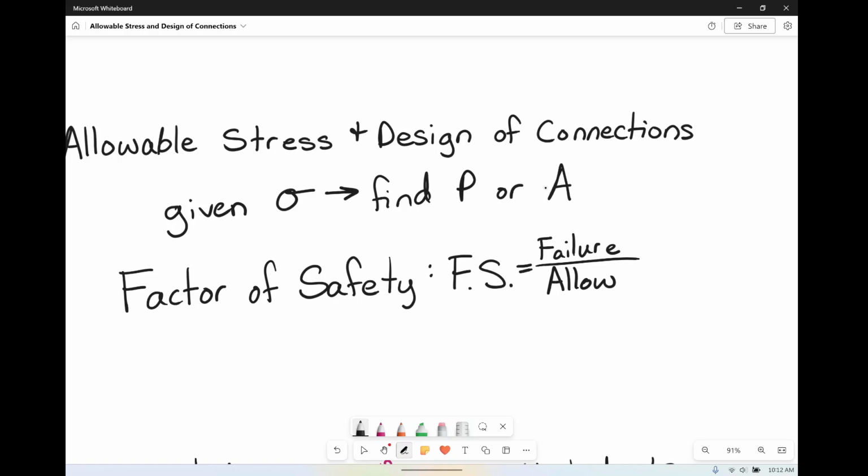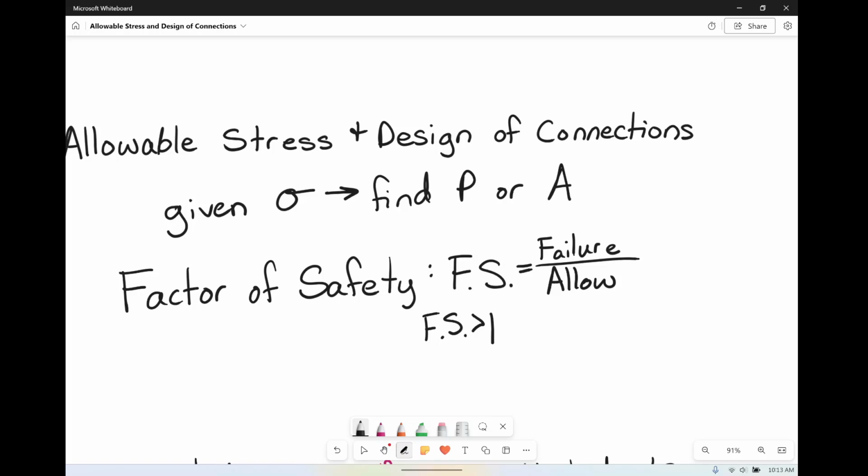Maybe we want to put an allowable value of 35. And that's going to give us a certain factor of safety. Usually we say, hey, we want a good buffer. If it was a factor of safety of 1, then your failure would be your allowable, right? So we want to always be greater than 1 with our factor of safety.